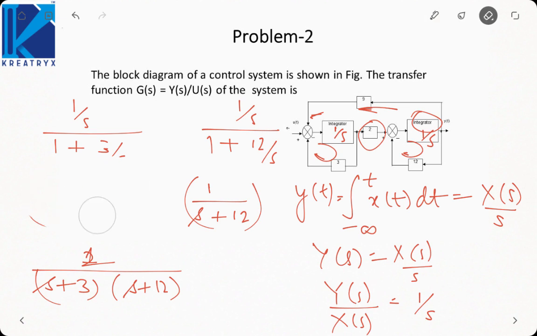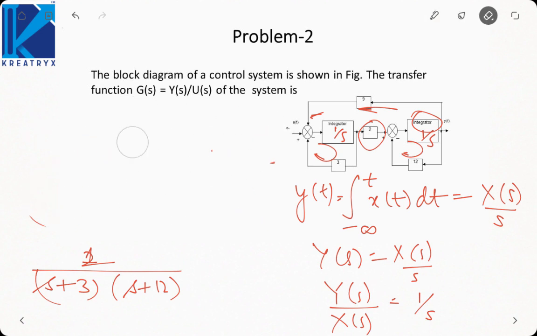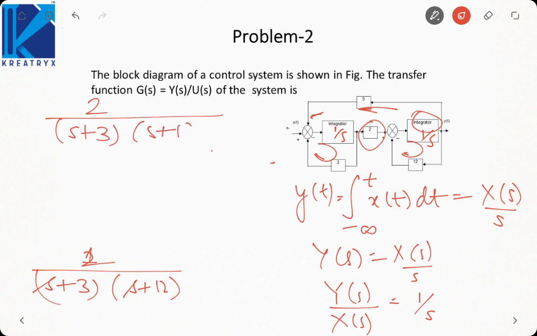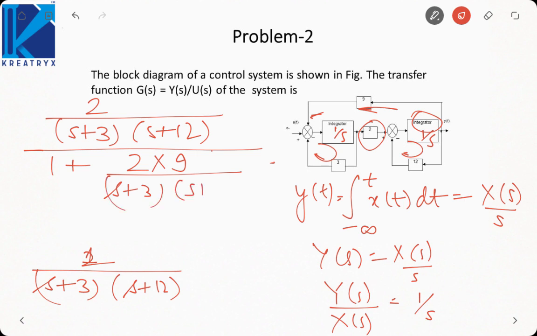So we can just apply the negative feedback equation, which is forward path transfer function upon 1 plus 2 into 9 over s plus 3, s plus 12.